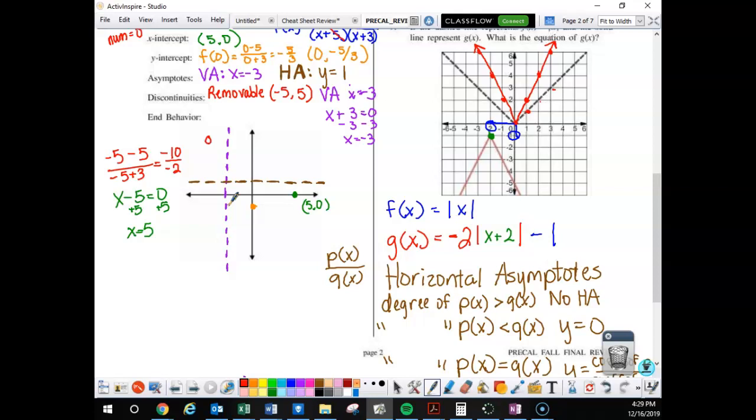So my graph would look something, let's try that again. Let's make it down here.